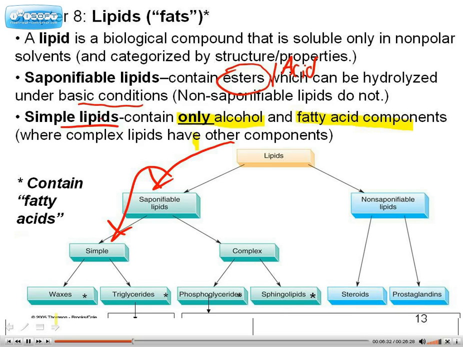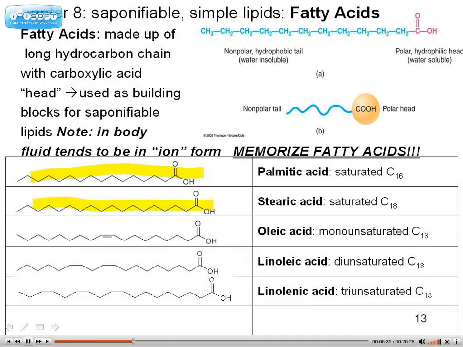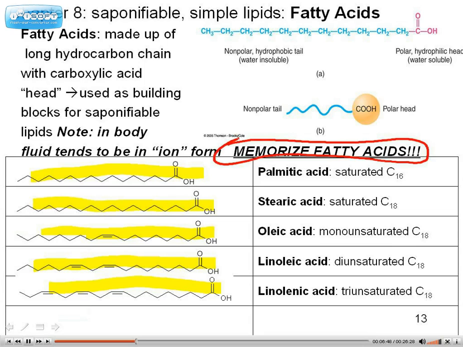These are fatty acids, which I'm highlighting right here. You will have to memorize these fatty acids. Now, in biochemistry, every unique structure and its resulting unique isomer has a unique common name. In this case, this structure has the common name palmitic acid.